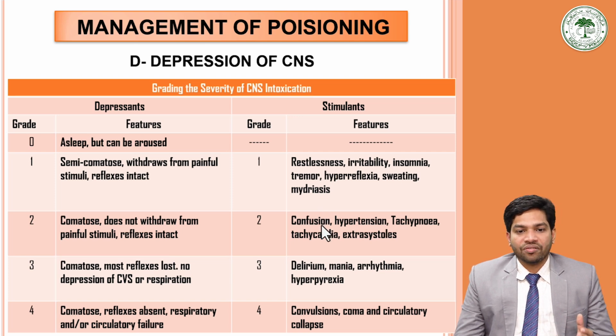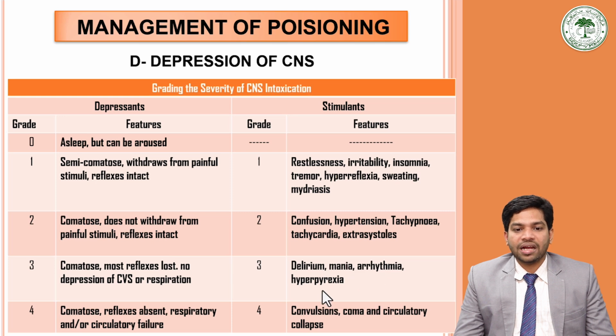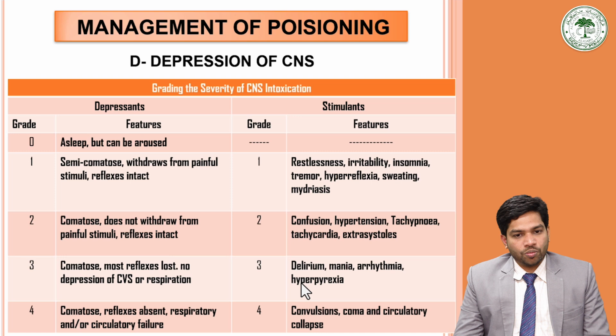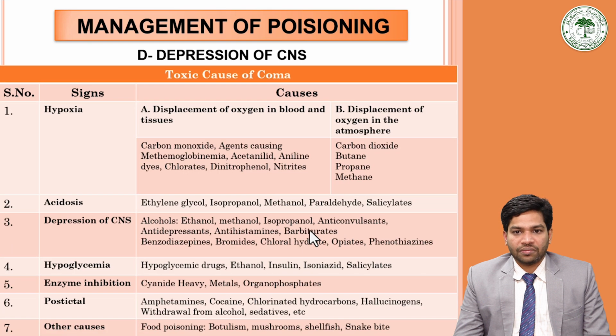Grade 2 is when confusion, hypertension, tachypnea, tachycardia, and extrasystoles are present. Then delirium, mania, arrhythmia, and hyperpyrexia are given as grade 3. Then convulsion, coma, and circulatory collapse are given grade 4 when CNS stimulant poisons are used.